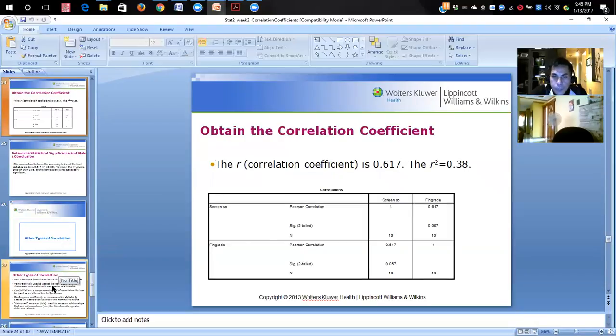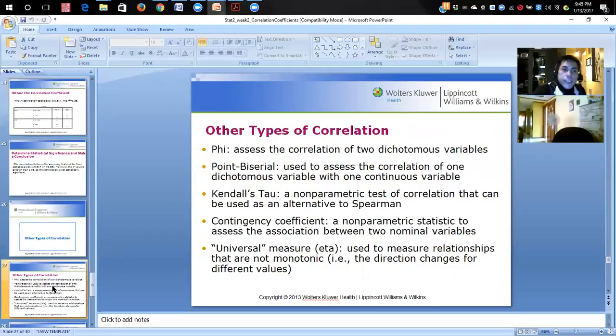So the other types of correlation are pi. We also have Point-Biserial. I have used this in one of my publications for the health maintenance in patients diagnosed with multiple myeloma.